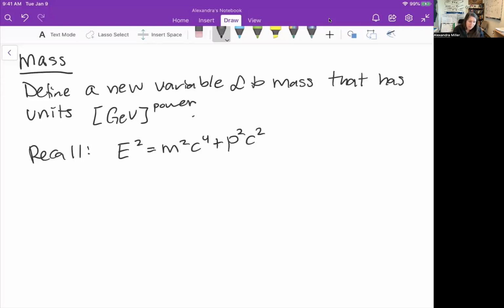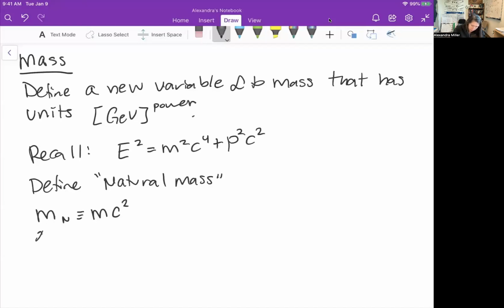And so with that in mind, we're going to define what I'm going to call the natural mass. I don't know if anyone else uses that term, I might just be making it up. I'm going to write it for now as m sub n, although since ultimately we'll be measuring all of our variables in terms of their natural versions, ultimately I will drop this, but for now, let's keep it there. m sub n is going to be defined as mc squared.